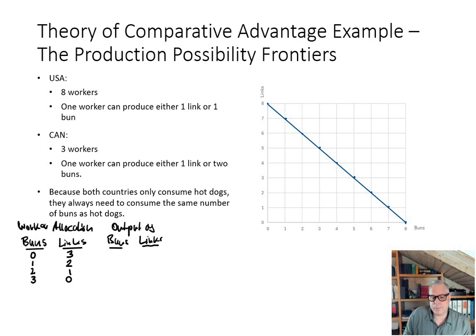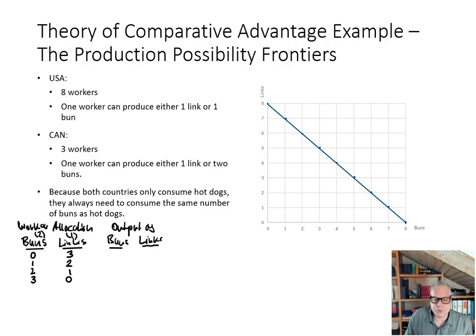Okay, so now it's important to see that 1 worker can produce either 1 link or 2 buns. So that will be important. So now I maybe just put here a little 2 and here a 1, which is the productivity of each worker or the output. Okay, so if no worker produces buns, how many buns can I produce?